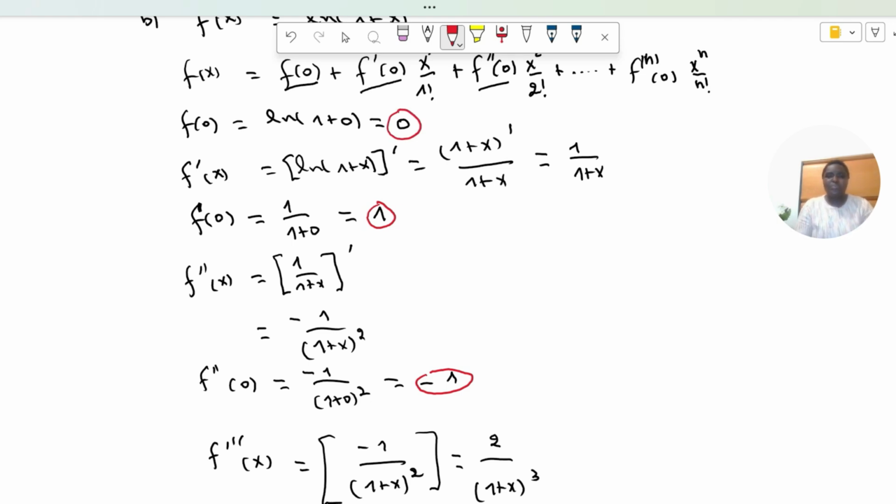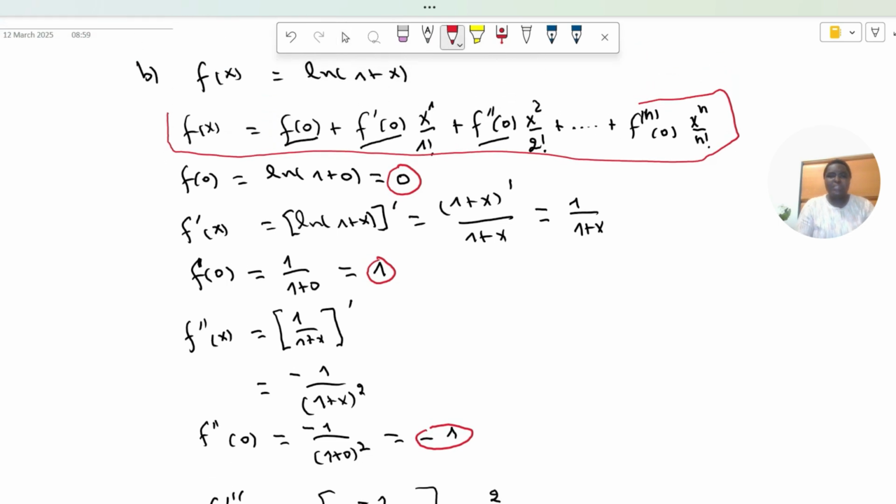So then we are going to insert all these values in this MacLaurin expression here. So here f of 0 will be equal to 0, this is equal to 1, this value is equal to minus 1, and then at the third we will have 2, and at the fourth we will have minus 6.